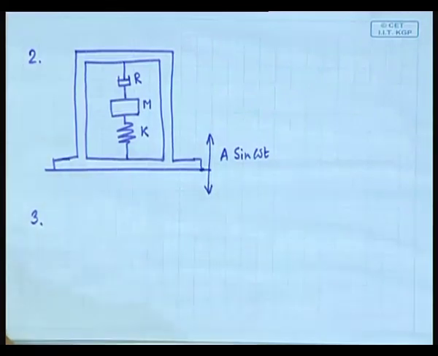In this problem, how will you approach this problem? Tell me first. Bond graph? Fine. So, if you want to draw the bond graph of this, how would you draw?